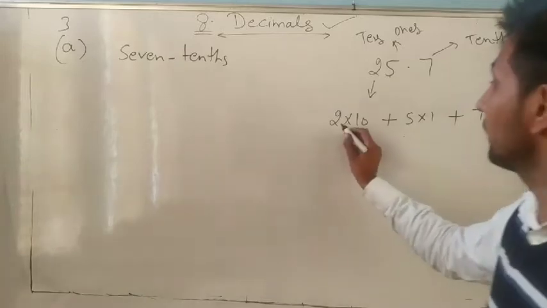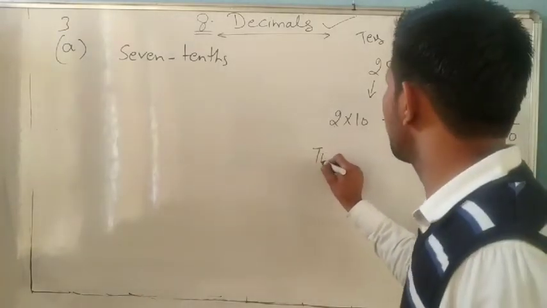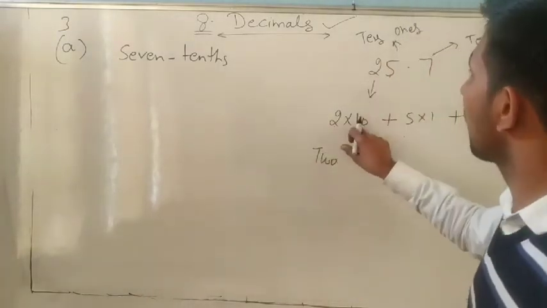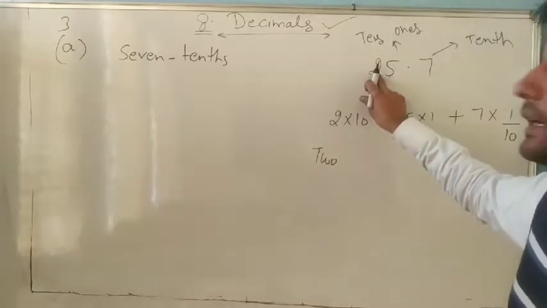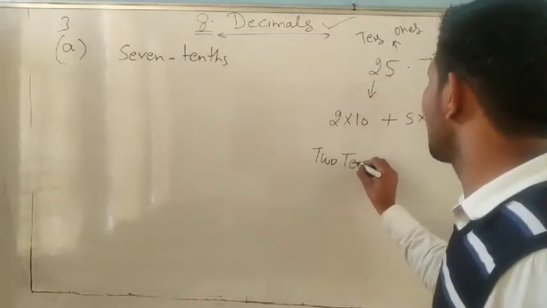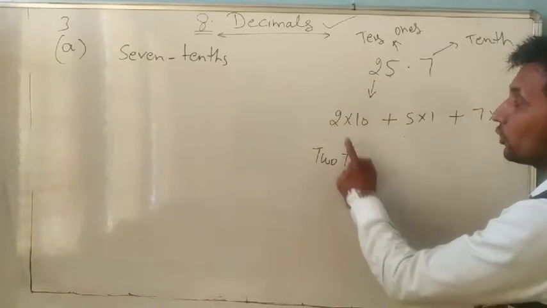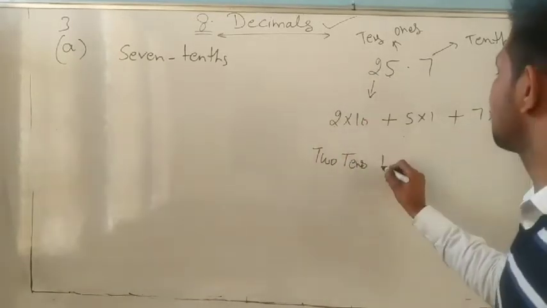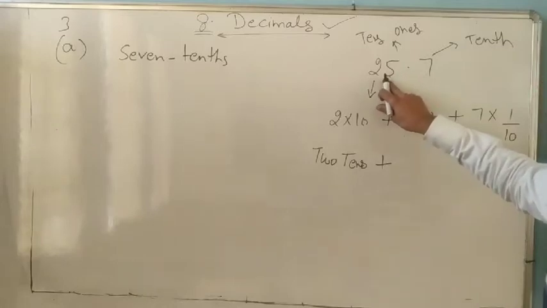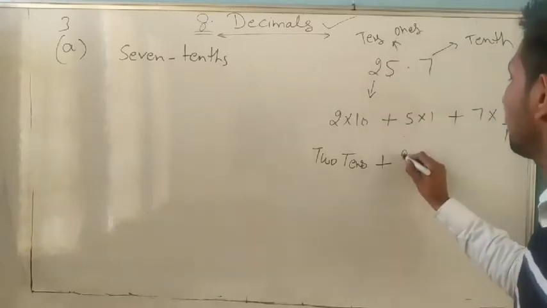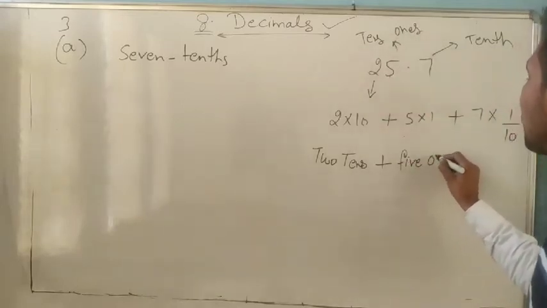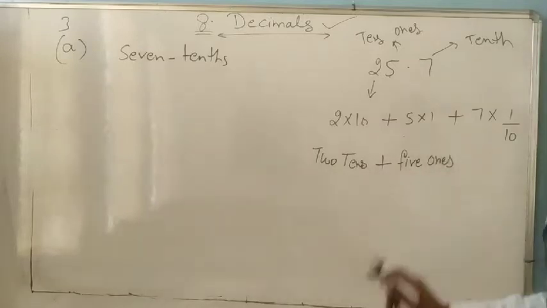So it means what we can write? The place value of 2 is tens. So 2 tens mean 2 into 10. Plus the place value of 5 is ones. So we can write 5 ones, 5 into 1.